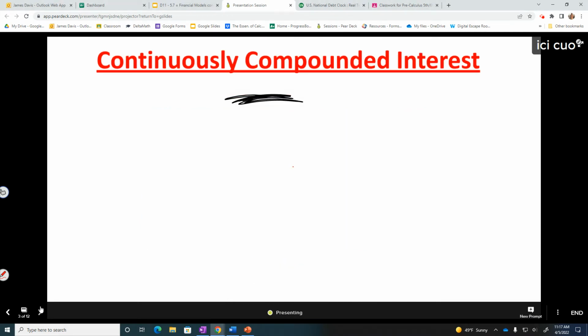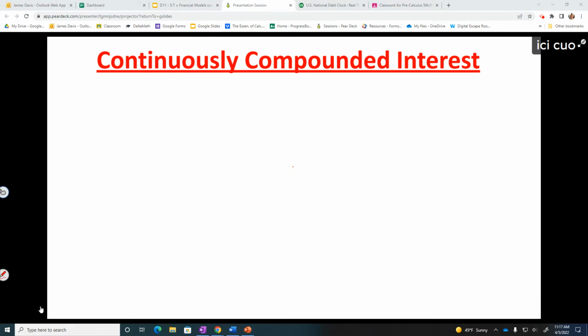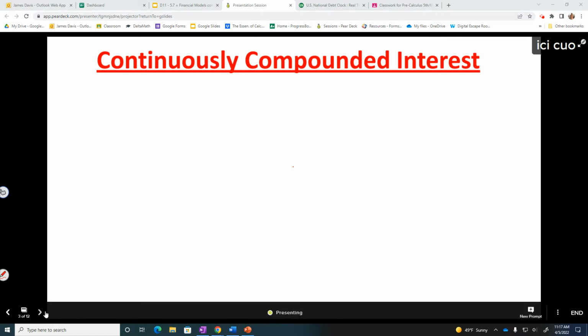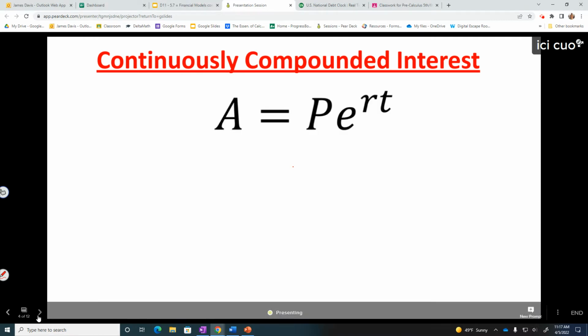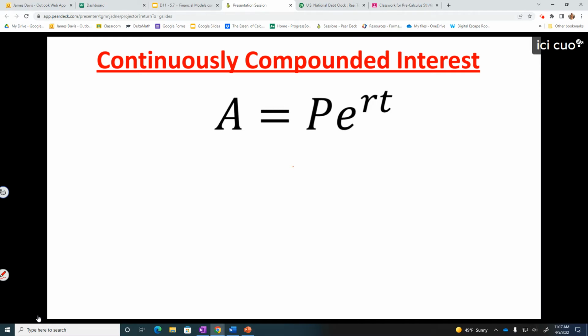But the one we didn't get to yesterday was called continuously compounded interest. So just constantly, the interest is compounding on itself. And it turns out E shows up in this formula. Back before break, we talked about E's and natural logs. And E shows up in this formula here. So it's the future value.